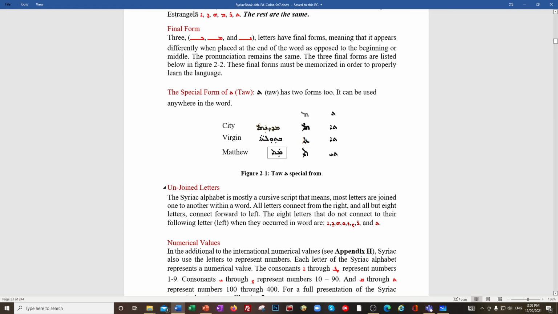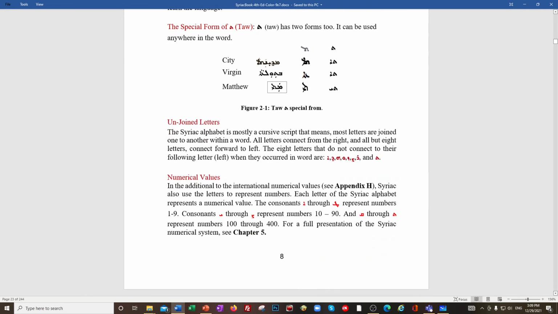Eight letters do not join from left. We learned that the Syriac language is a right to left language, and it's mostly a cursive script. That means the letters join to each other from left and right; all of them join from right, and most of them join from left, except 8 letters that do not join from left.